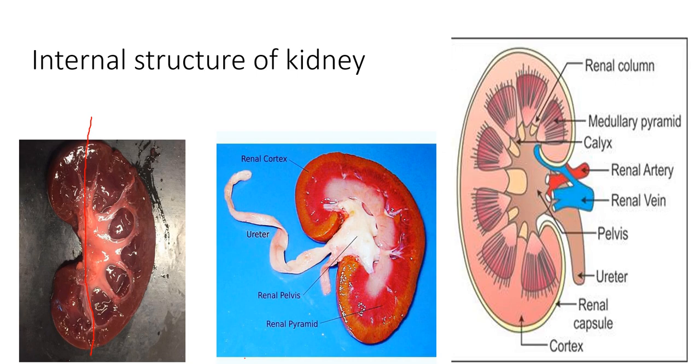All these medullary pyramids finally lead into a structure called the calyx. These calyces join together and further enter into a region called the pelvis. The pelvis enters into the ureter.